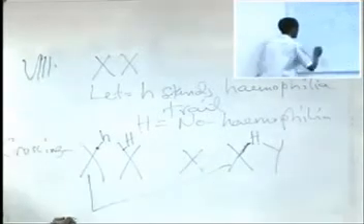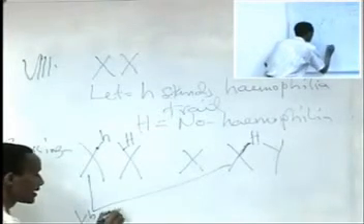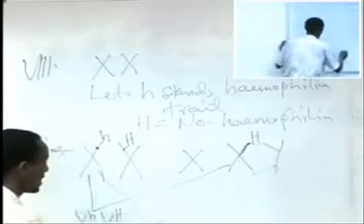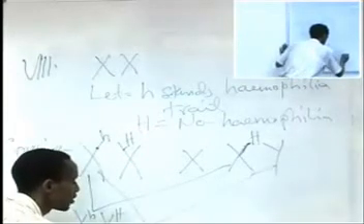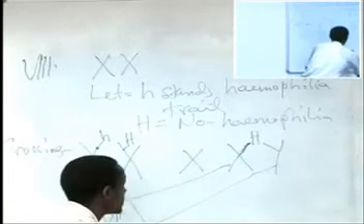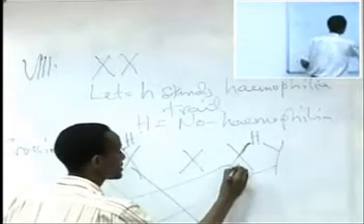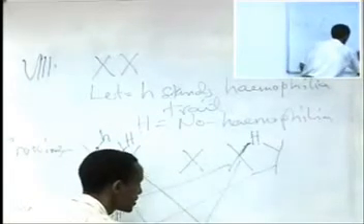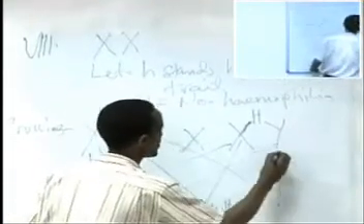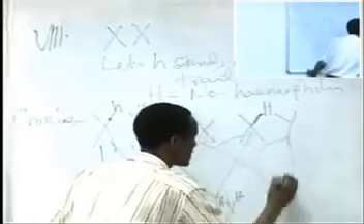One child will have X capital H and X capital H. Another one will have X capital H and X with a small h, and another one will have X capital H and Y, and the last one will have X with a small h and Y.